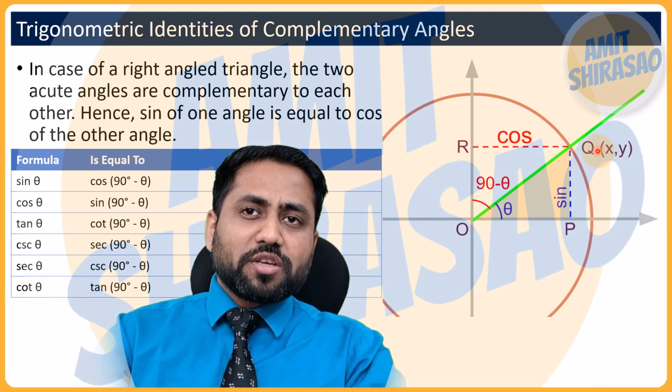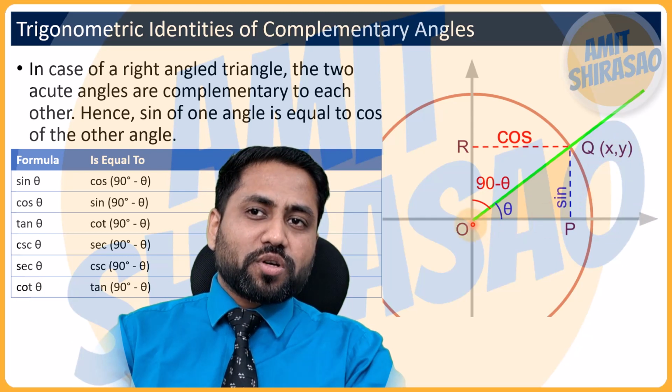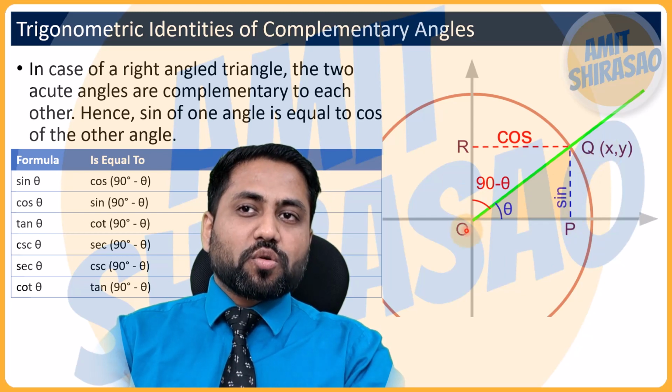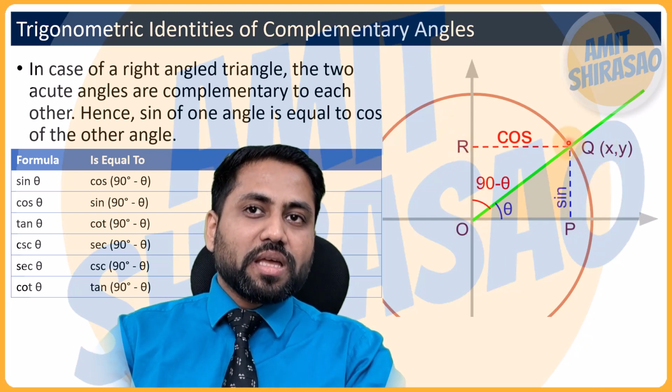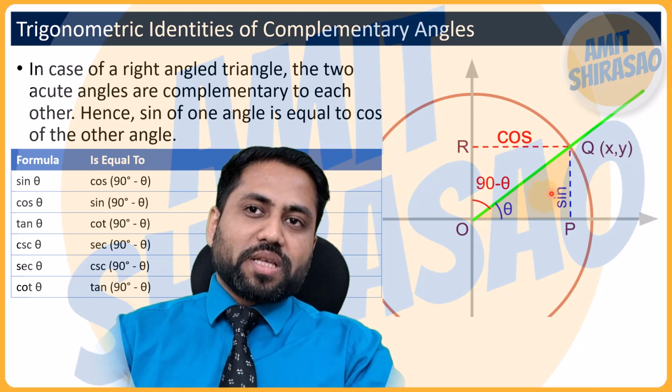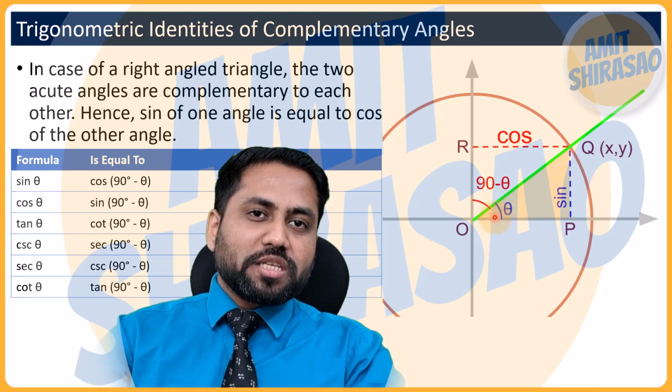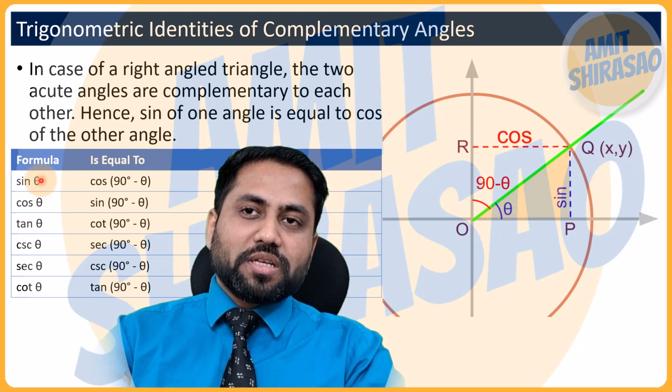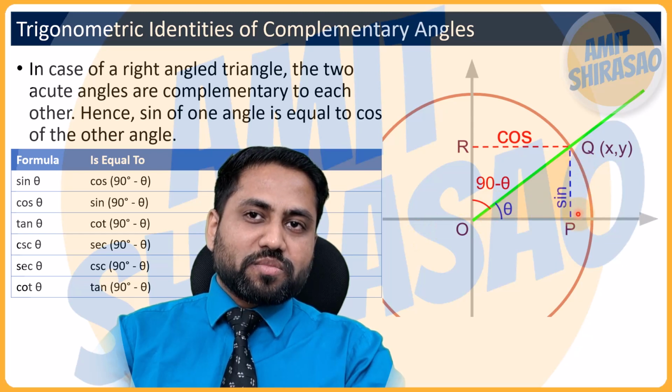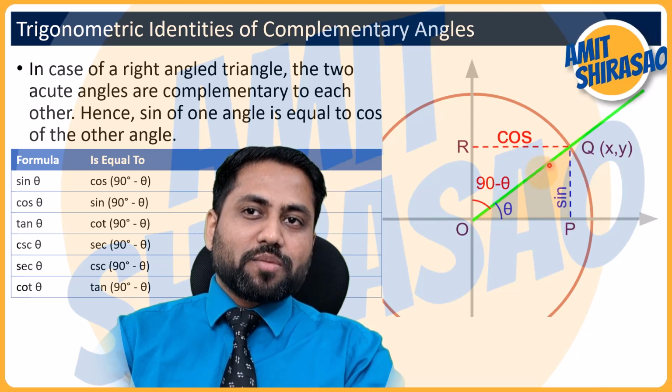Coordinates of Q are X comma Y. What is X? X is this part, OP is X, and Y is OR. That is the coordinates. Now when I say this angle is theta, when I say sine of theta, what it basically means is this is Y upon hypotenuse.